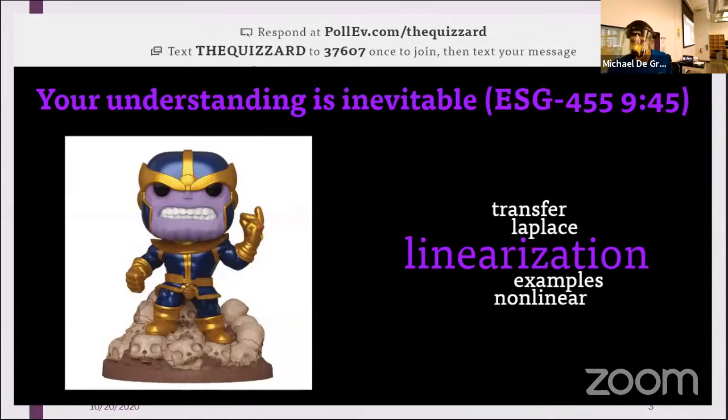All right. Linearization. What are we trying to do? We're trying to make something that's nonlinear linear. And if we're trying to make something nonlinear linear, what does the idea of linearization deal with, right? It deals with actually making a line.